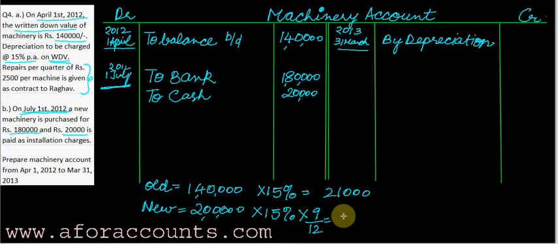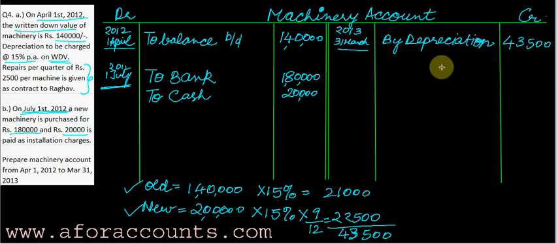So the total amounts to be 22,500. My total depreciation will be 43,500. So this is the old machinery depreciation plus the new machinery which was with me for 9 months. So I am charging 9 months depreciation and it is 43,500 by depreciation.